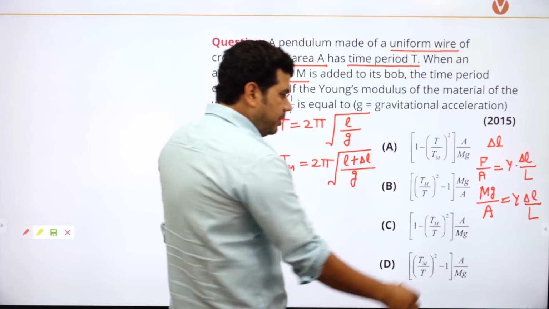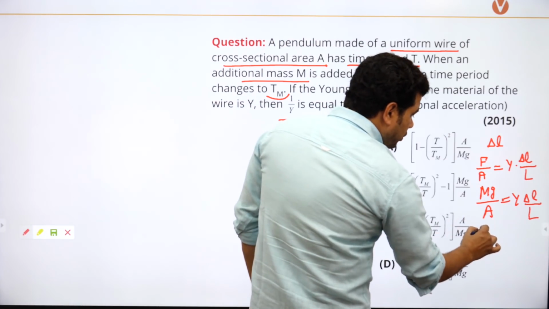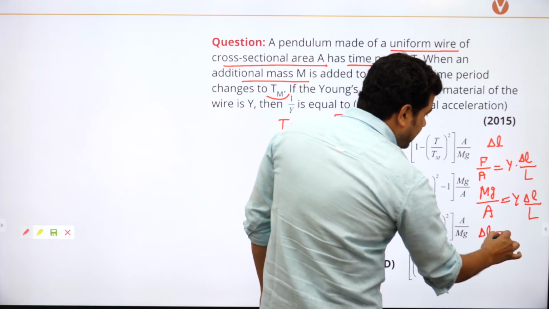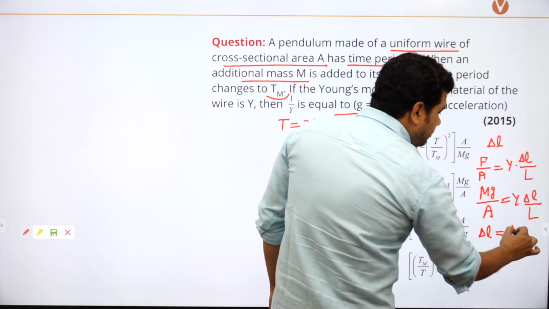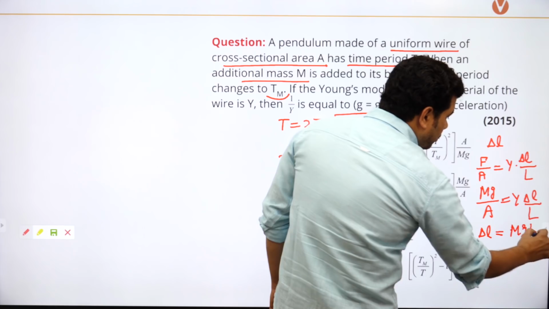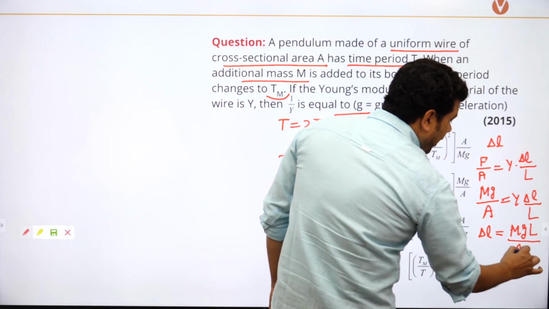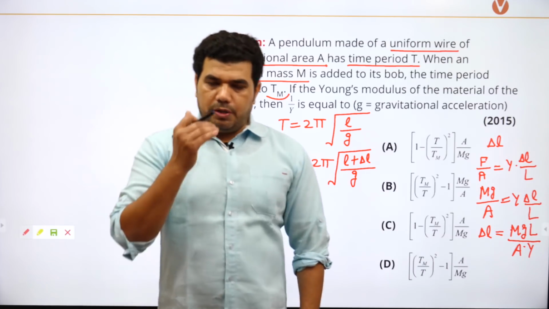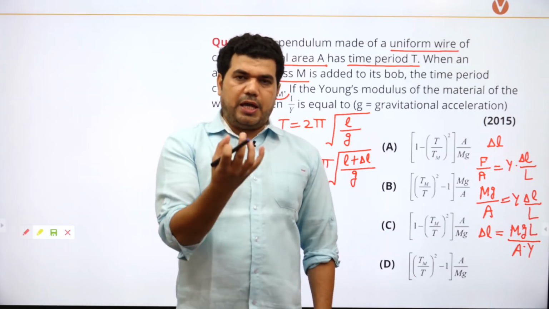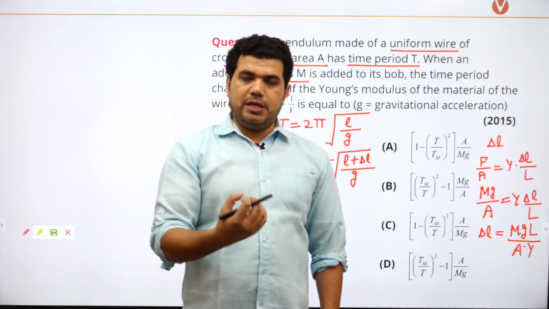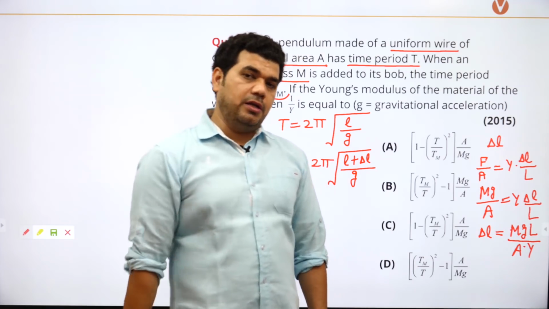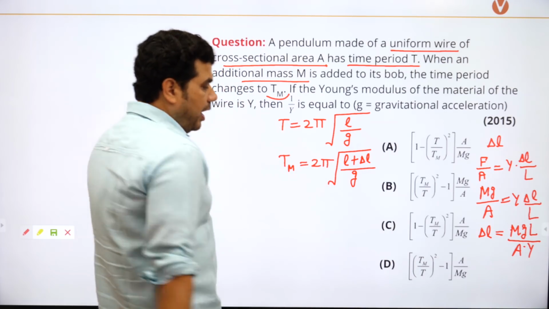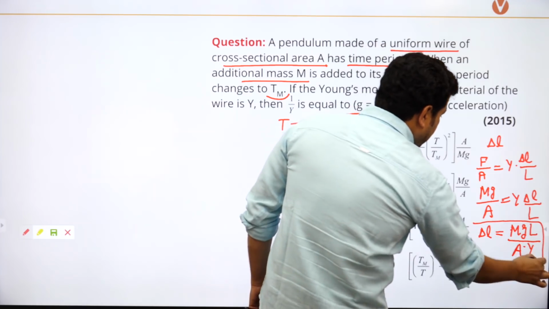So what should be the value of delta L here? So delta L we can see here is mg into L divided by A Y. Okay? So मास के वहां से hang करने से, load करने से, there is a change or the increment in that length, delta L, and that delta L is this.